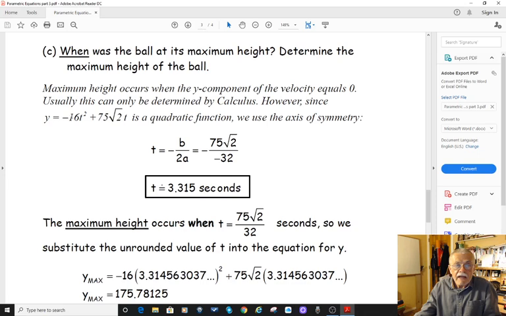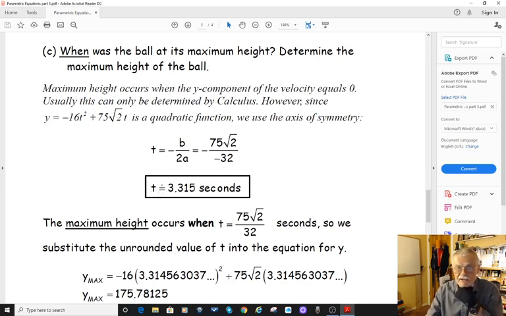So a is negative 16, b is the coefficient of the t, it's 75 radical 2. So it's b over 2a with a negative in front, okay? So the negatives cancel, and you're going to work out 75 radical 2 over 32, so you get 3.315 seconds approximately.